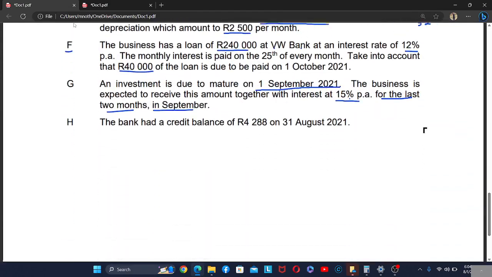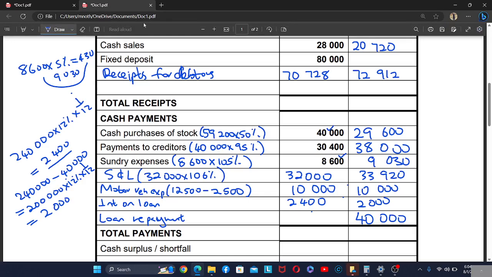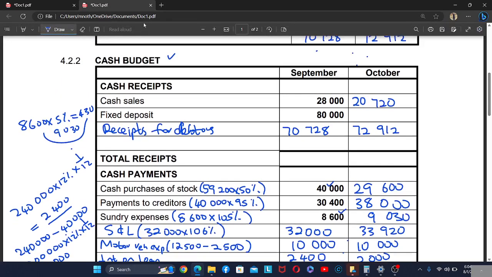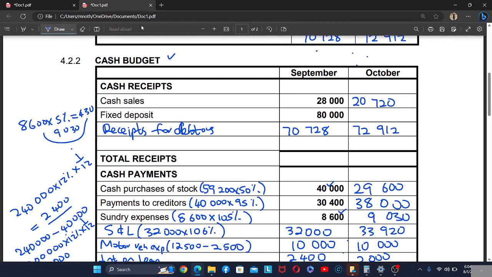It's there in the cash budget, already given here. This fixed deposit is how much? 80,000. This investment, which is a fixed deposit, is due to mature on the 1st of September. That is why they are showing it here, because it has matured.